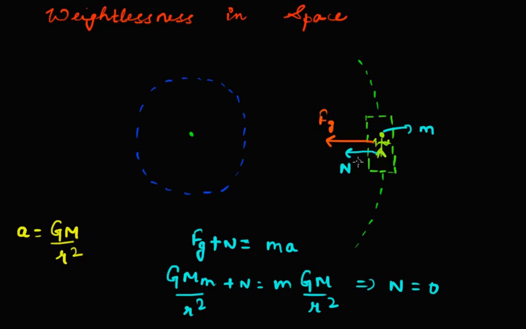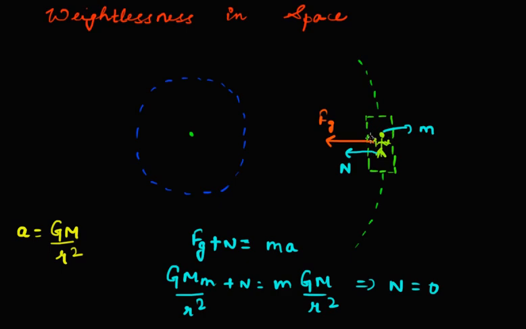So for the state of weightlessness there have to be two conditions, right? First condition is that the frame of reference in which you are should be... We're trying to summarize and draw some analogy from this astronaut and space station example.